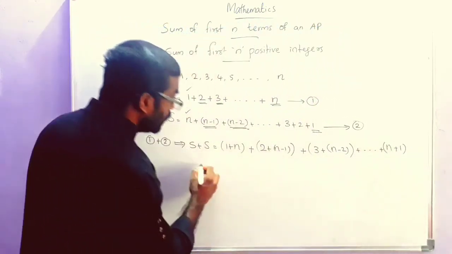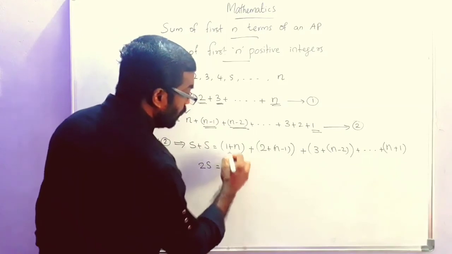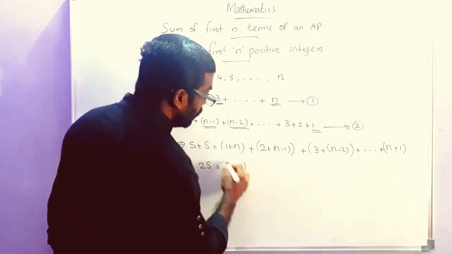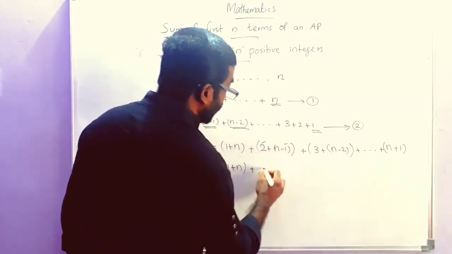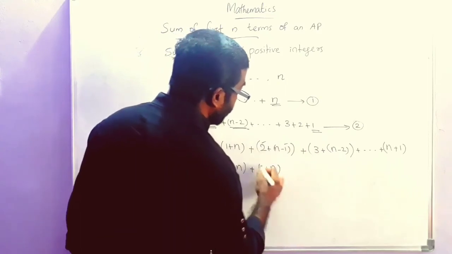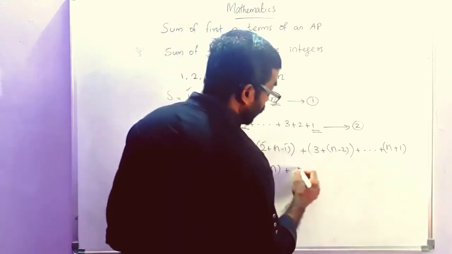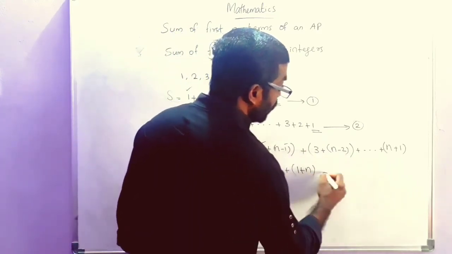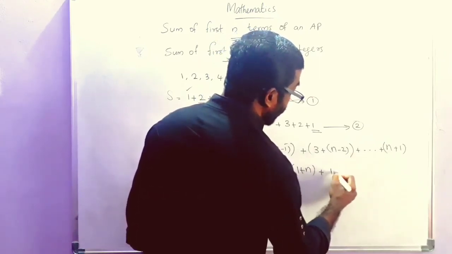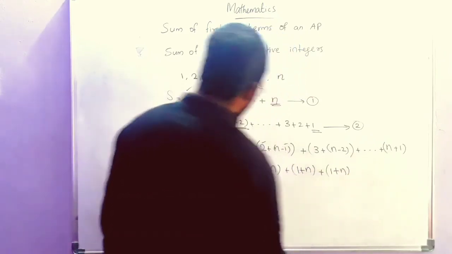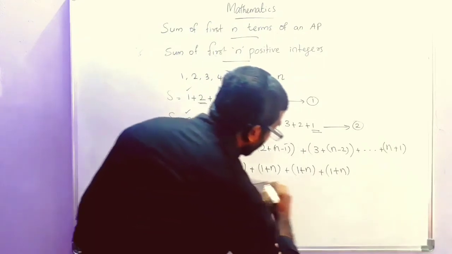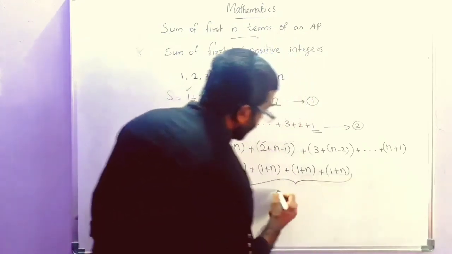That is 2S is equal to 1 plus n, 2 minus 1, again 1 plus n, 3 minus 2, 1 plus n, last also 1 plus n. That means 1 plus n terms are there.